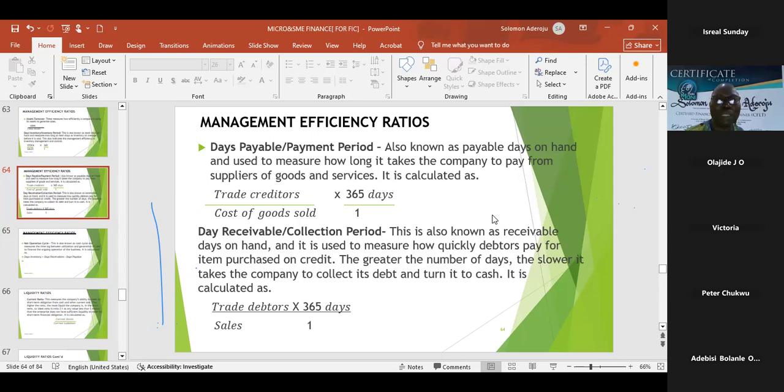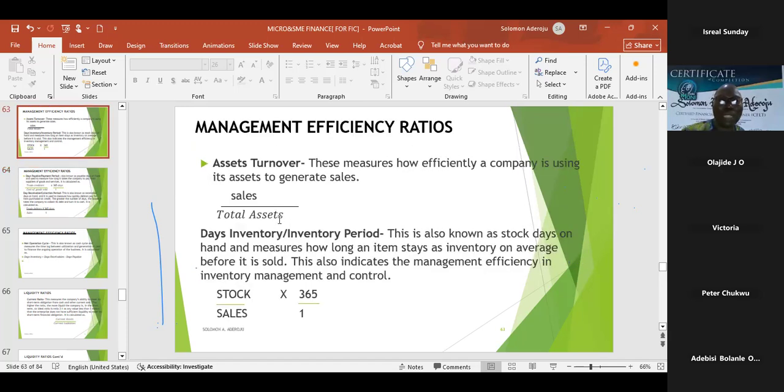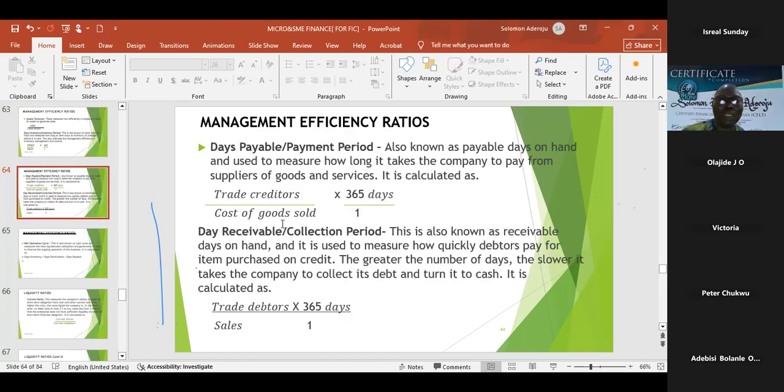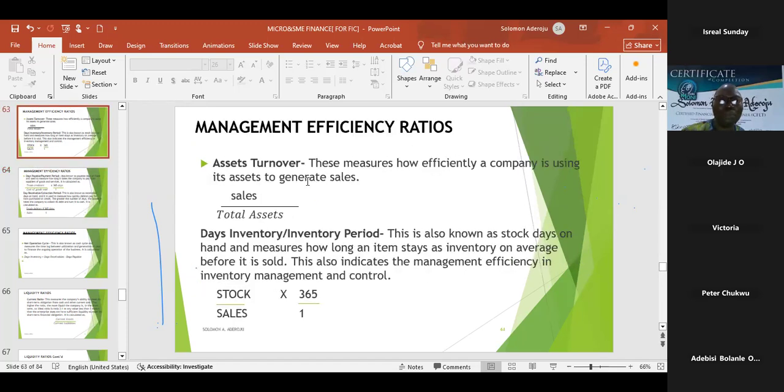So the formula for that is trade creditors over cost of goods sold. Please mind the base, the one that is going to be underneath. For the asset turnover, it is total assets. For the days inventory, it is stock over sales.